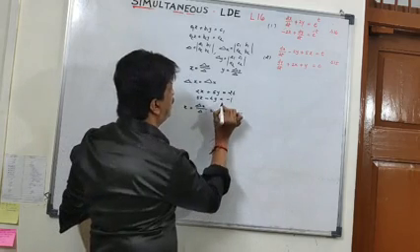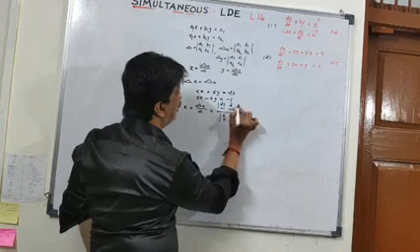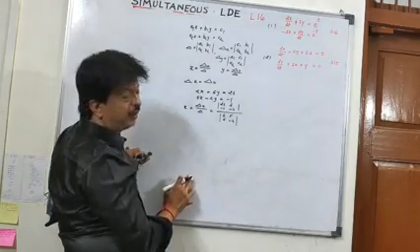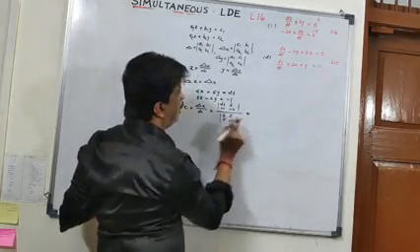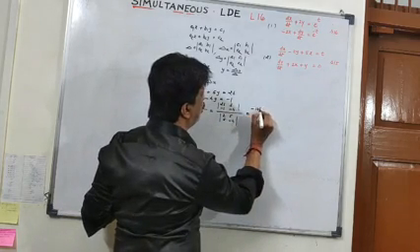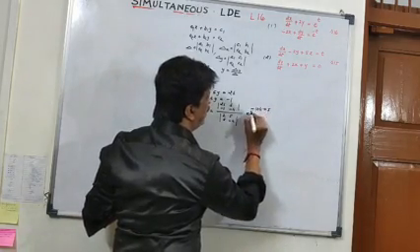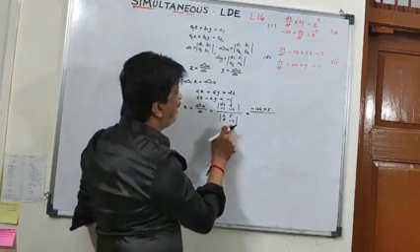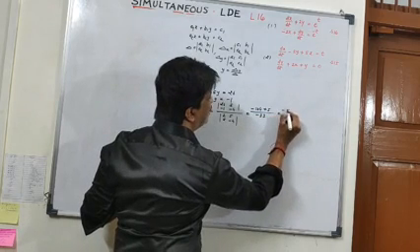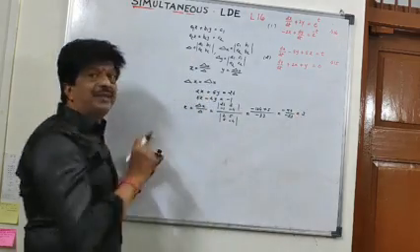And delta x is 26, minus 1, 5, minus 4. The first column 2, 5 is replaced by 26, minus 1. So what is this? 26 into minus 4 is minus 104, minus 5 is plus 5, divided by minus 8 minus 25, minus 33. So it is minus 99 by minus 33. That gives me the value of x as plus 3.